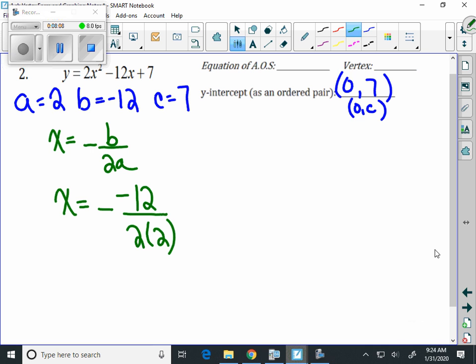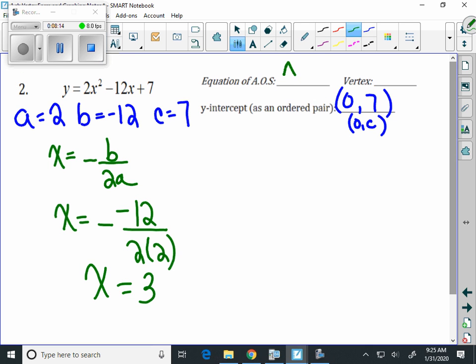So when we write this, this is going to be x equals 3. The x equals is really important. And once we find the axis of symmetry, again, which is the line that splits the graph in half, it goes right down the middle, the vertex is going to be 3, something.